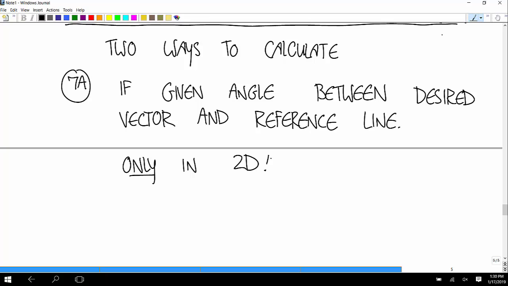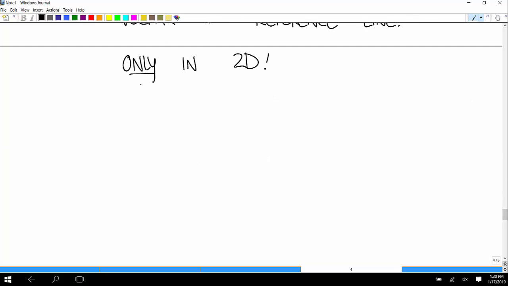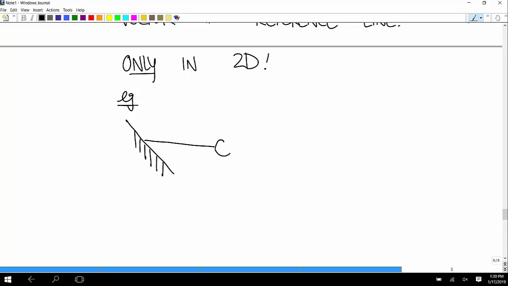So an example of this would be like, let's say that you have a wall and a cable connected to the wall, and the cable's connected to an object like this, and we don't care what happens over here.